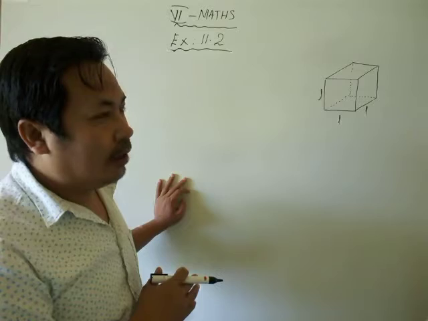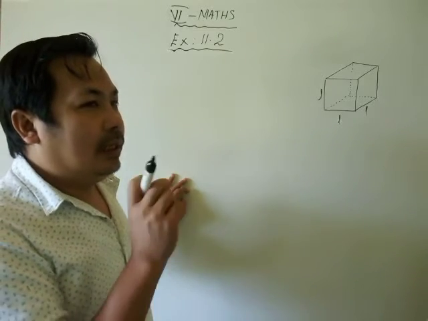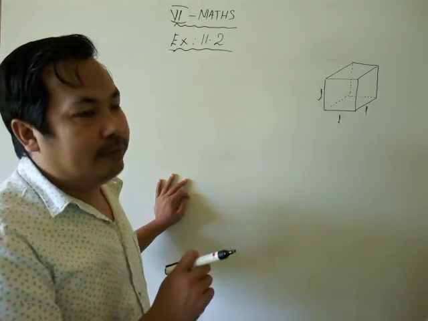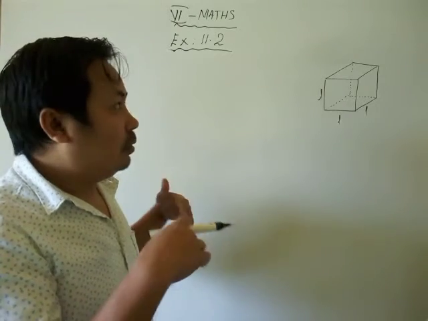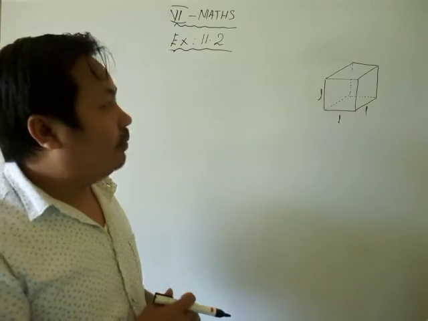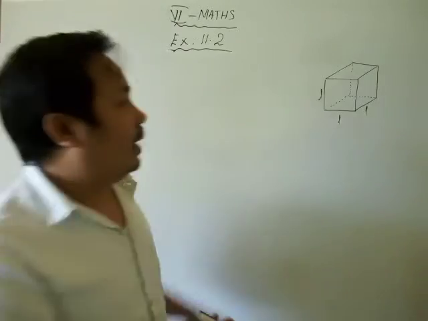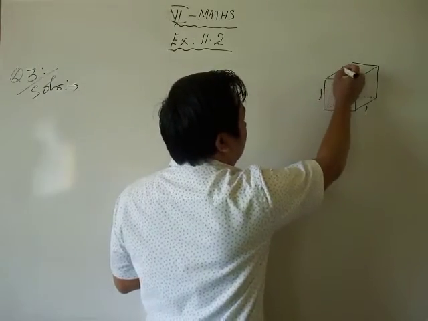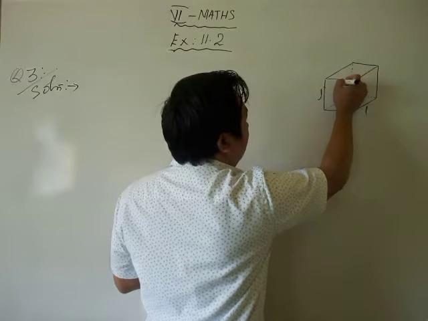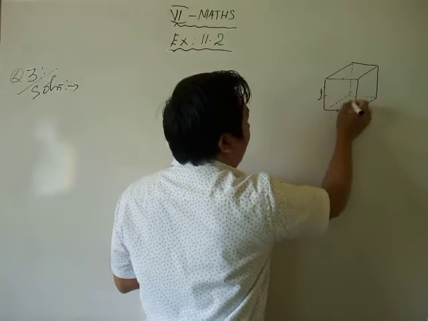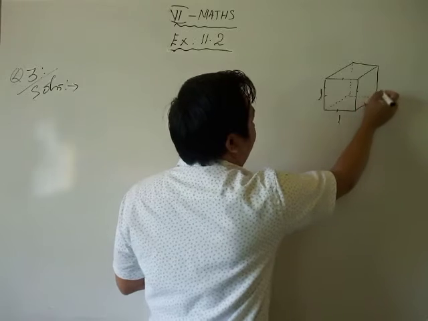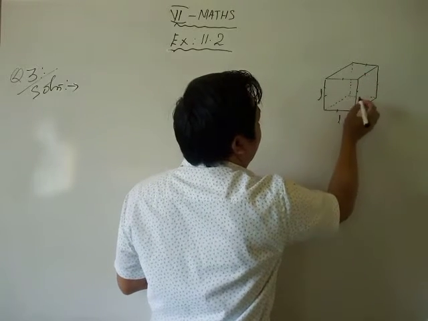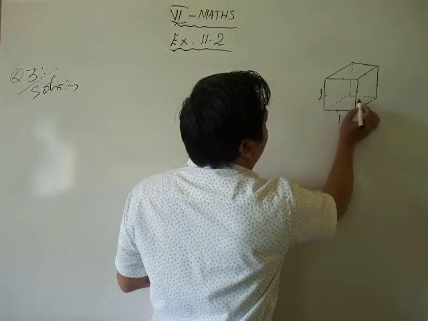We have to give the formula to find the total length of the edge. Total length of the side. How many sides are there? Let us count out. 1, 2, 3, 4, 5, 6, 7, 8, 9, 10, 11, 12.